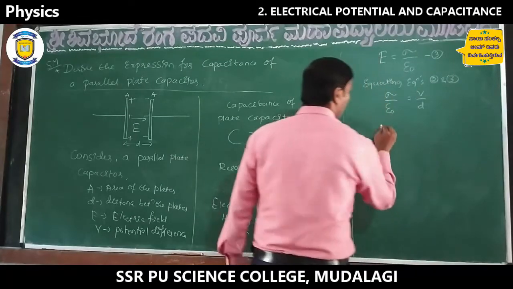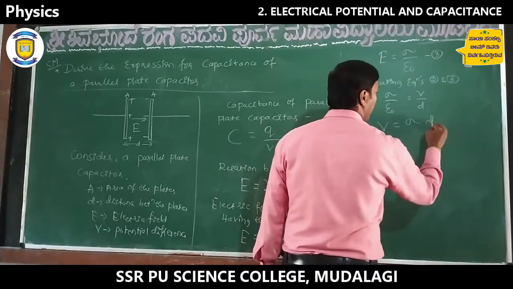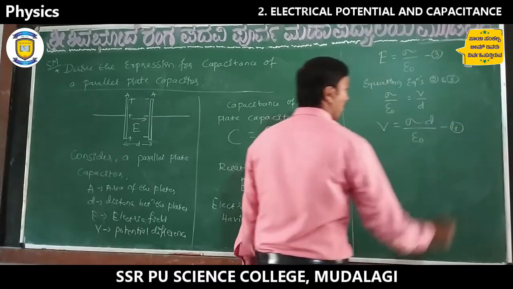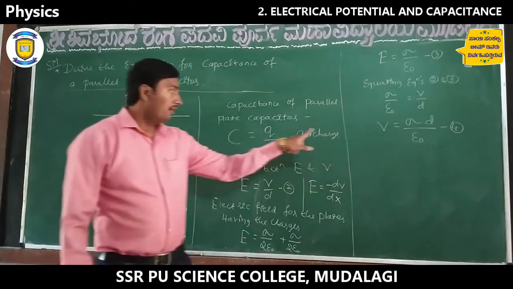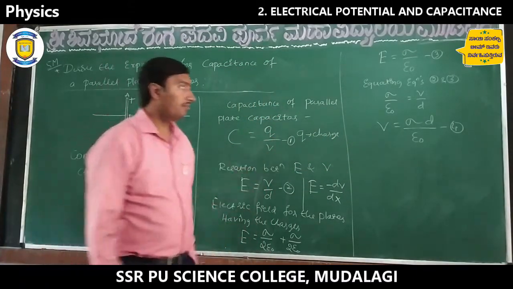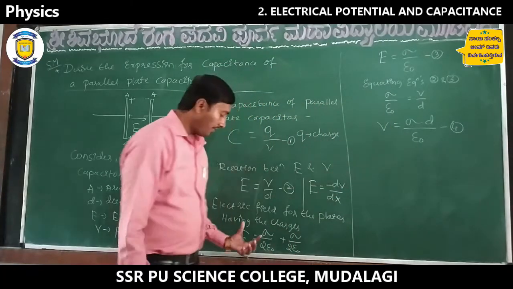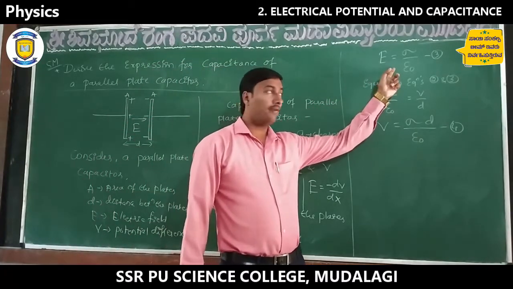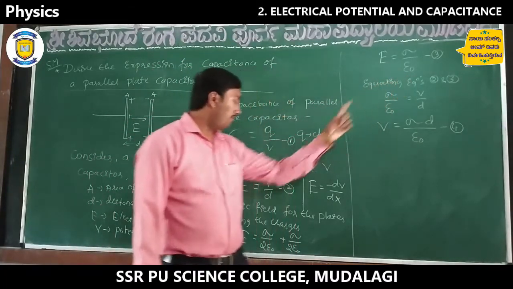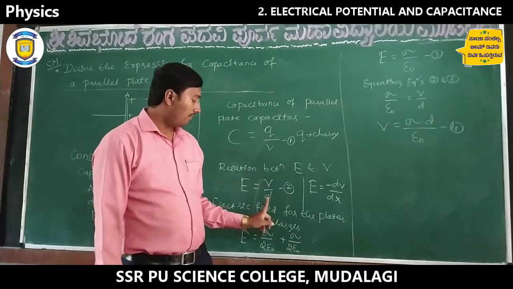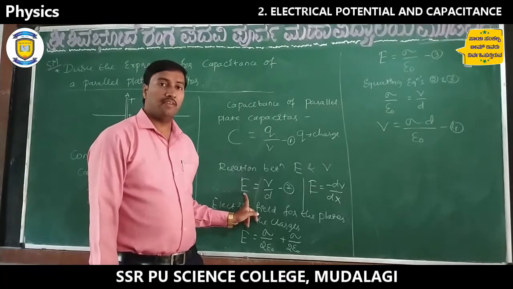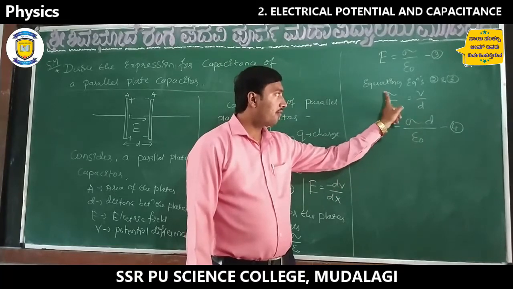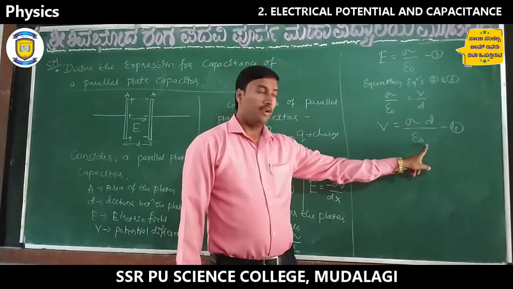So V equals sigma d by epsilon naught, by cross multiplication. This is equation number 4.